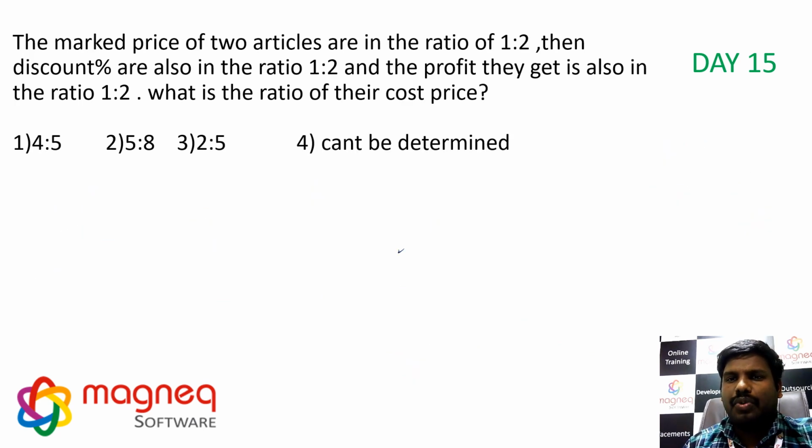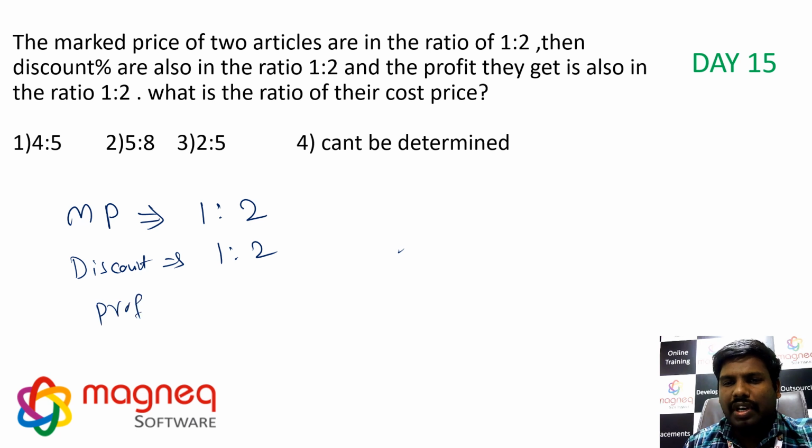The market prices of two articles are in the ratio 1:2. Then discount is also in the ratio 1:2 and profit is also in the ratio 1:2. What is the ratio of their cost price? So market price of the two articles 1:2, discount 1:2, profit also 1:2.